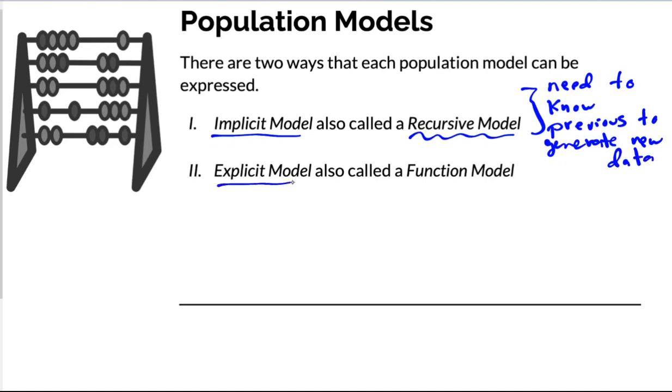The explicit model, also known as the function model, you just plug in an input value for the generation and you get out a population value for that generation. So you don't need previous data. This is the faster, more efficient way to deal with populations.